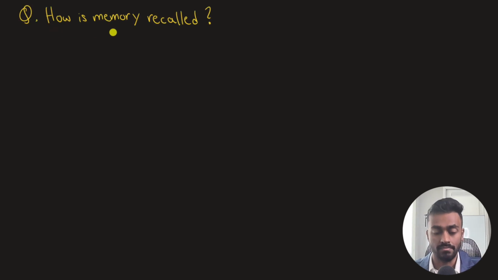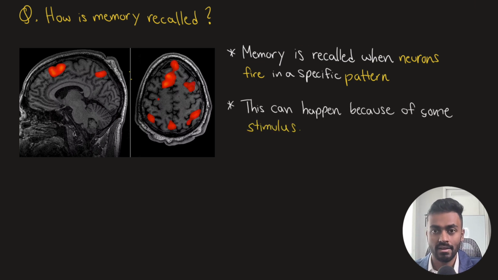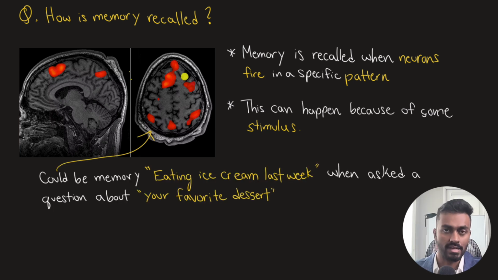Now, how is memory recalled? Well, memory is recalled when neurons fire in a specific pattern. And this can happen because of some stimulus. So, for example, this could be the pattern of neurons firing that correspond to the memory of eating ice cream last week when asked a question about your favorite dessert.